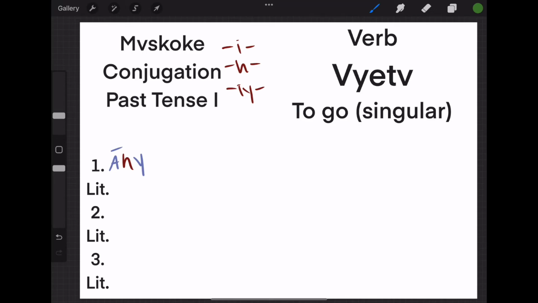This is also a rule in our past tense 1. We must L grade if the last consonant of the verb stem is a V. So now we have AHY. Let's go ahead and finish out the conjugation.